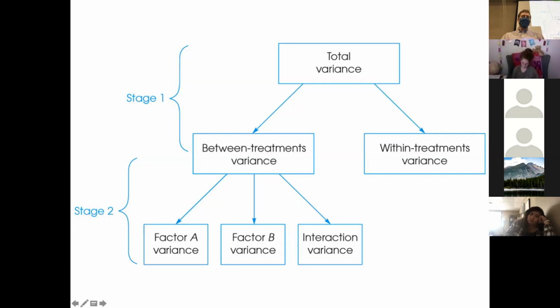And then the between treatments variance is the sum of the variance of factor A, so in this case, the variance of humidity, the variance of factor B, aka the variance of temperature, and then the interaction variance, which is inherent in that interaction term we were talking about.